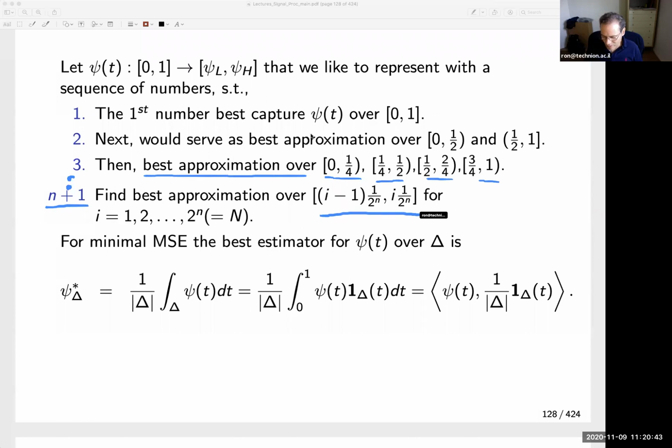So first of all, I divide my domain into 2, then into 4, then into 8, and so on. And I would like to have the best possible way of representing my signal over these intervals. And as we said, for the best MSE, the best estimator over any interval is nothing but the average. This is something that we know.